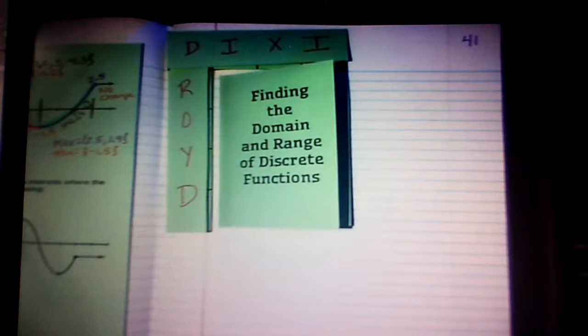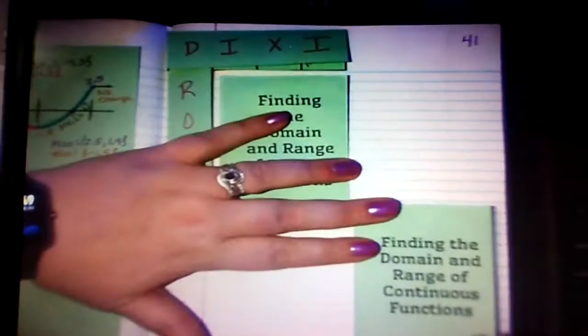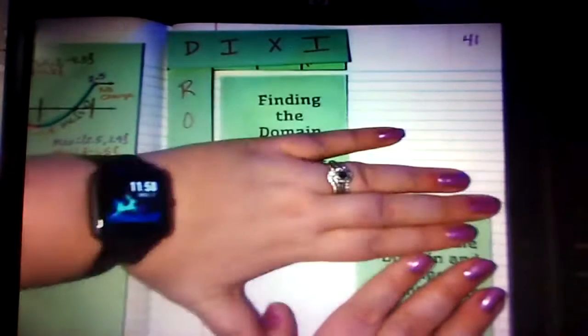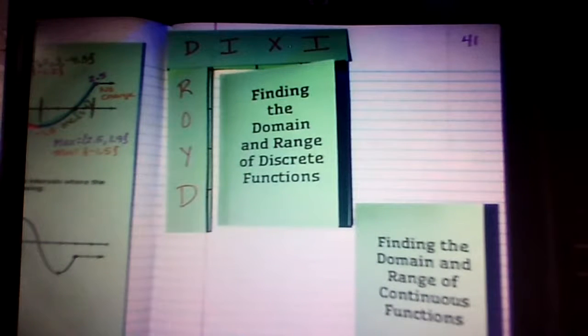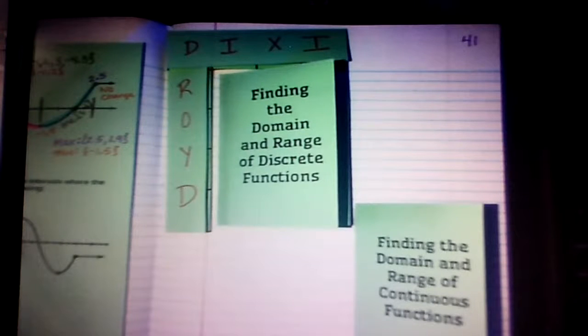You're going to review solving equations. You're going to review relations versus functions and domain and range. So there's page 41. On page 42 is that half sheet that we just did.